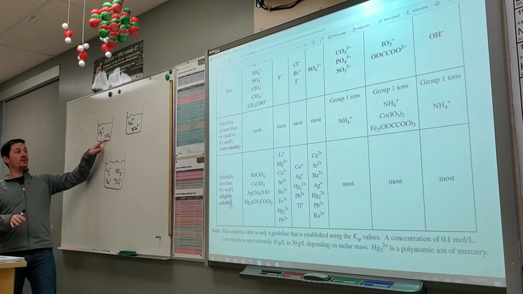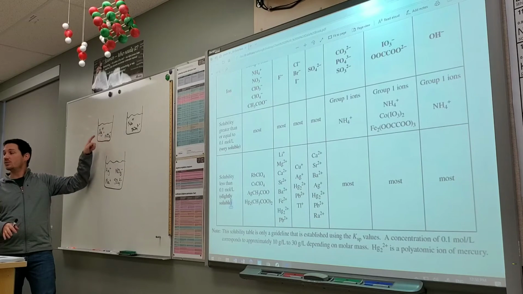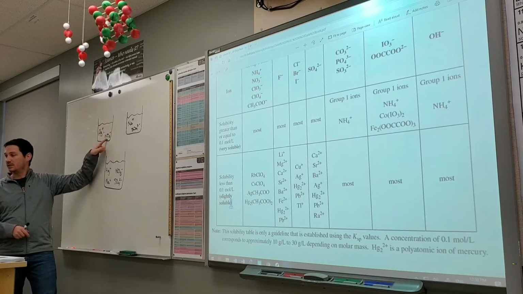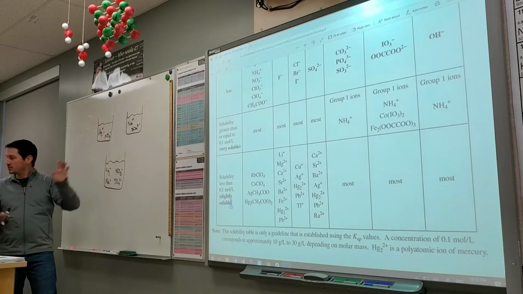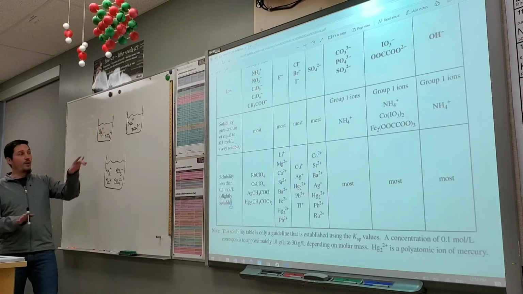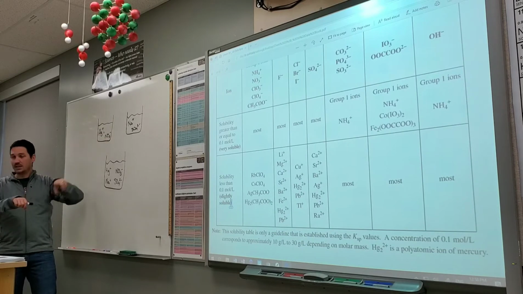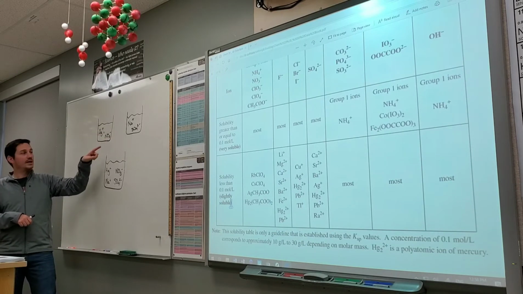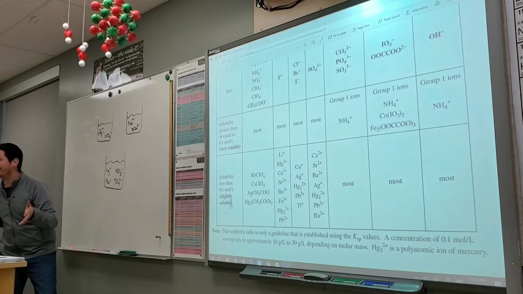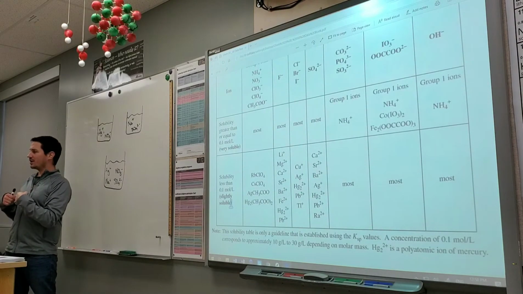Is silver nitrate reacting, or is it specifically just one of these things that's reacting? Just one of them. Do you understand where I'm going with this? Are both of these things reacting with something when we pour them together with a new solution? Is the nitrate doing anything? No. So could we have ignored the nitrate from the beginning?